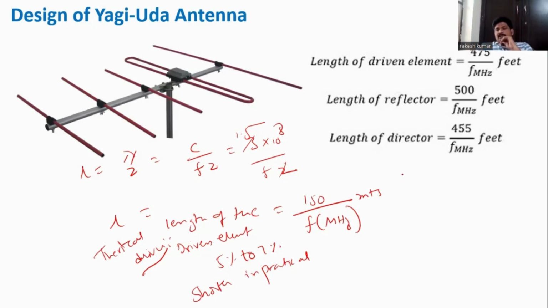So what is the length of the driven element? From this explanation, I can write the length of the driven element as 143 by F, with frequency in megahertz, in meters.